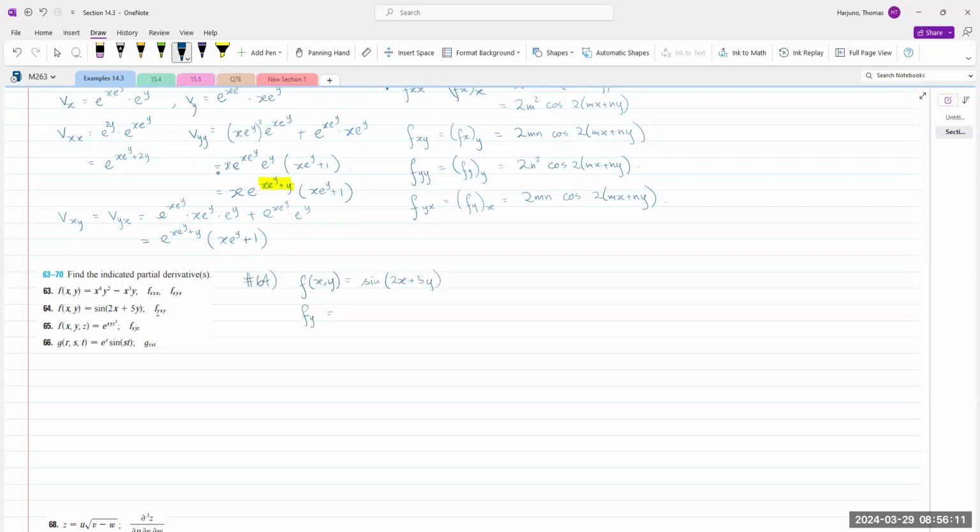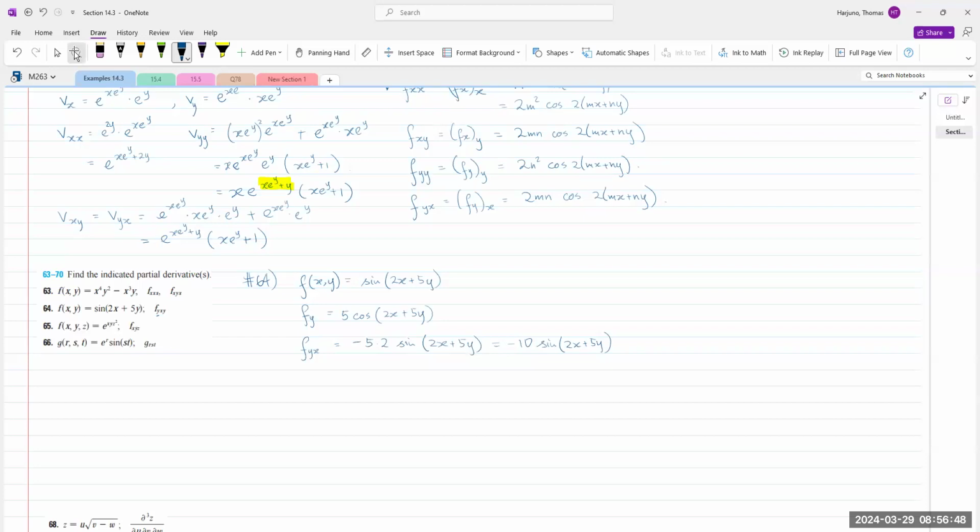So I do the innermost first. The partial with respect to y will be 5 cosine of 2x plus 5y. Then partial with respect to y, then with respect to x, that will be negative 5 times 2 sine of 2x plus 5y, that is negative 10 sine of 2x plus 5y.